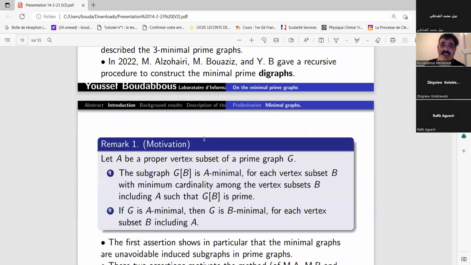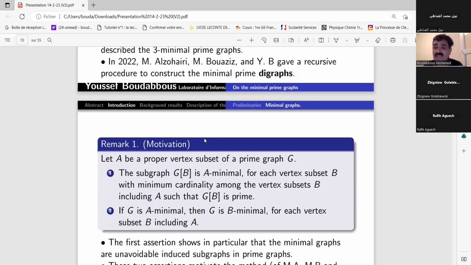We start with this remark, which is easily proven. Given a proper vertex subset A of a prime graph G, consider a vertex subset B including A, so that the induced subgraph G[B] is prime, and B has minimum cardinality. Such B exists because V(G) includes A, and G induced by V(G) is G, which is prime.